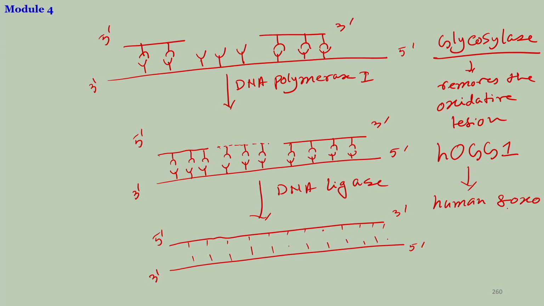O is for oxo, and that means 8-oxo guanine. HOGG1 is the enzyme that actually repairs most of the oxidative lesions that are formed inside our eukaryotic cells, and this particularly is the human one. Okay, so that is about the rough scheme of the base excision repair.